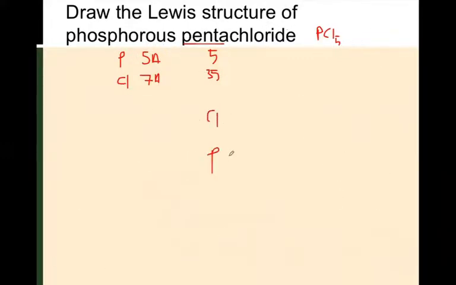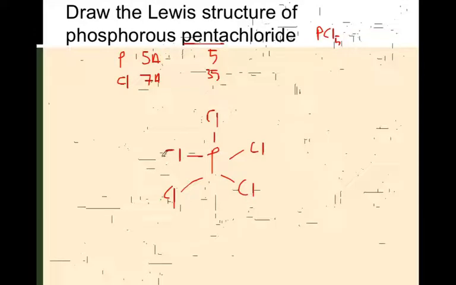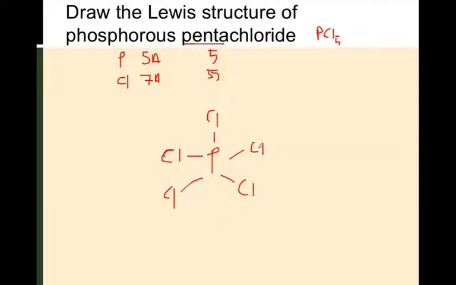So 1, 2, 3, 4, 5. And this is the Lewis structure, so we don't need to show the molecular geometry just yet. We have a total of 40 electrons.